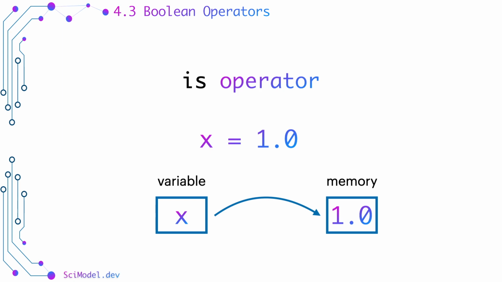Don't be worried about the meaning of objects in Python as we will study them in detail later on in this course. But now imagine we assign the value 1.0 to the variable x. This line of code creates a new reference called x, which points to an object with value 1.0. This is one way to assign values to variables.